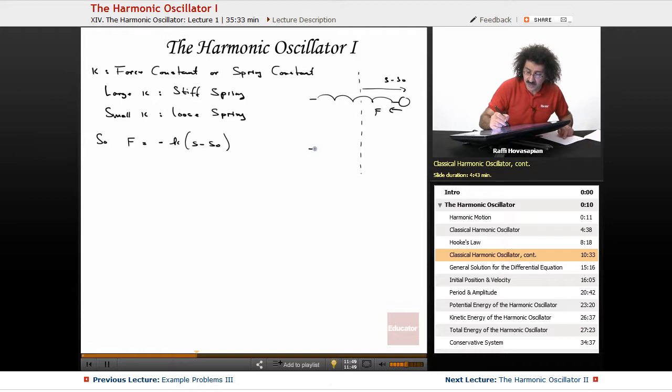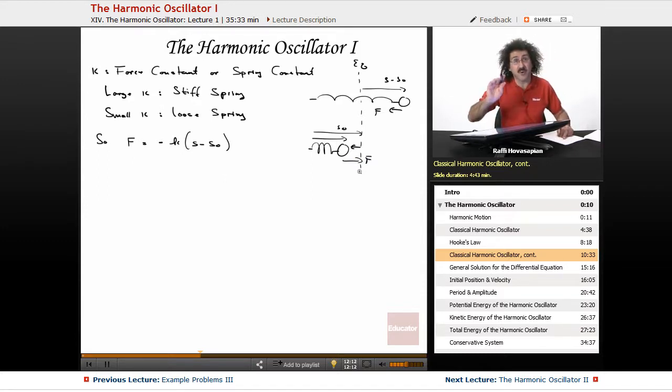And of course the compressed, I've pushed it in from its equilibrium position, so this is the equilibrium position. Now we have, it's right there. That's the s. That's the s0. s minus s0, that's this displacement right here, and the force is going to be pushing that way, trying to push it back to its equilibrium. The restoring force, the restoring medium. Okay, so we have this.